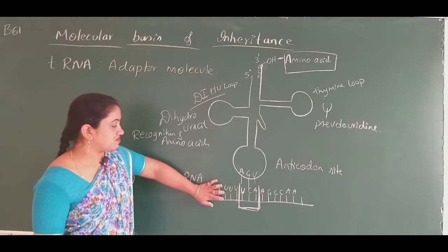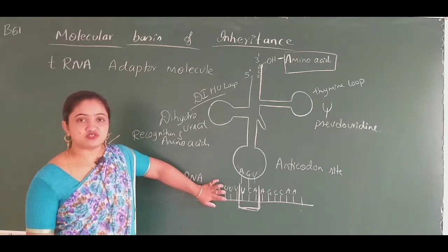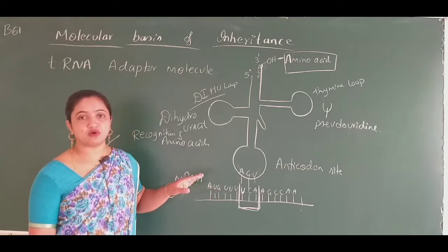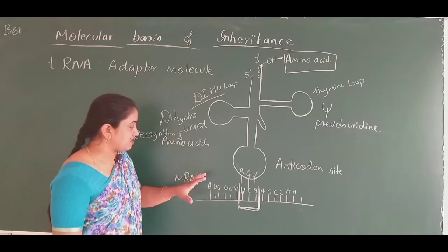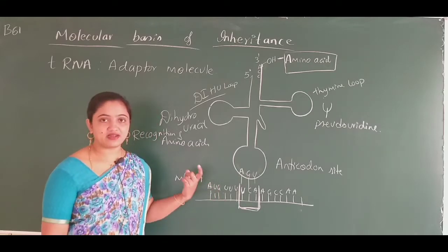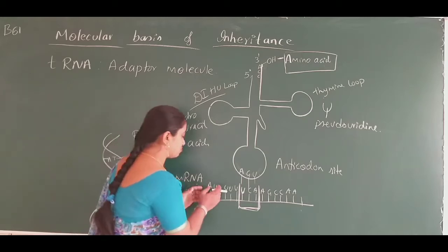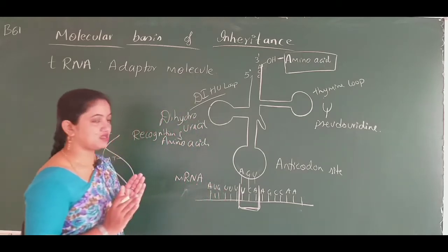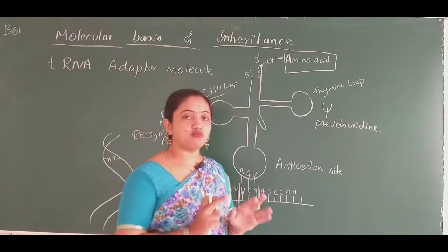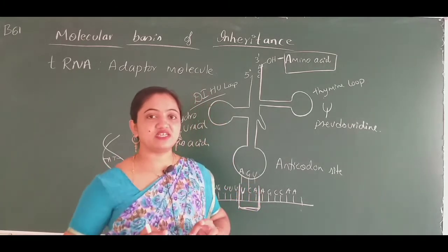Based on the salient features of the genetic code, AUG acts as the initiator codon. Actually the process should begin from this site, right? To start the process, there is one more tRNA, known as the initiator tRNA.